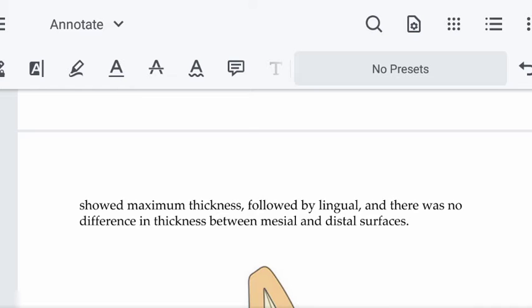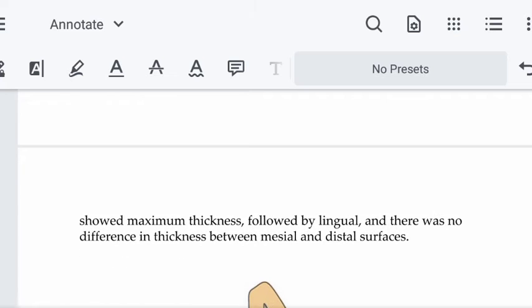Buccal surface is the outside, towards the cheek, and the inside, where we can touch with our tongue, is called the lingual surface. The thickness of the dentine varies on the surfaces also. It is thicker at the buccal surface than at the lingual surface, and near the mesial and distal surfaces it is equal.